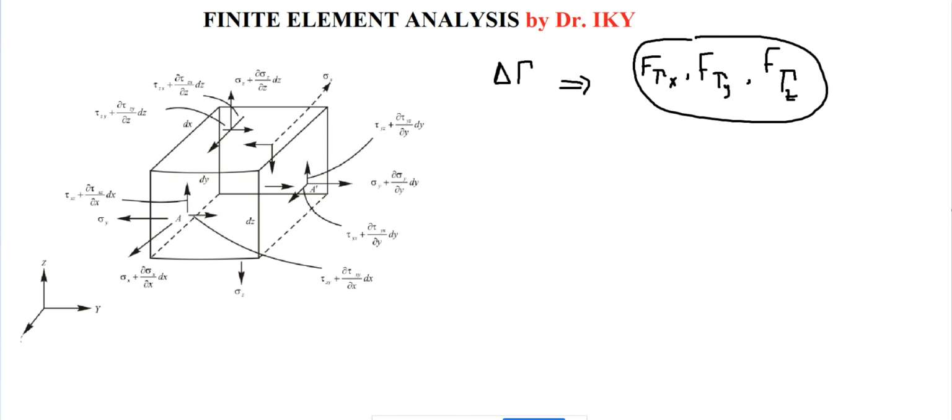And considering these ones, let me write it. Sigma x l, tau xy m and tau zx n should be equal to f gamma x.